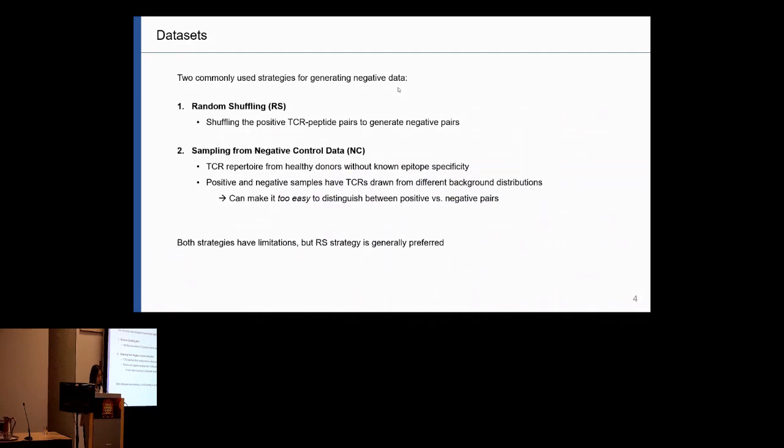The problem with this approach is that the positive and negative samples have TCRs drawn from different background distributions, which can make it too easy to distinguish between positive and negative pairs. So while both strategies have limitations, the random shuffling strategy is generally preferred.